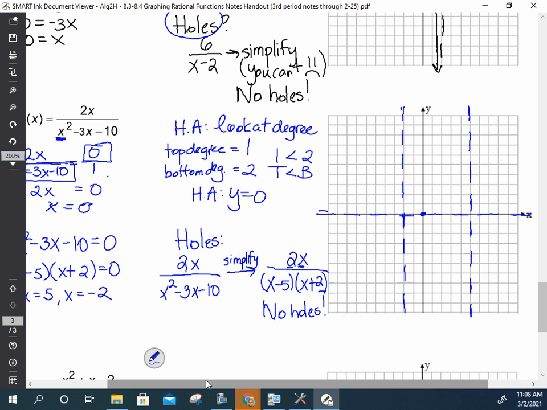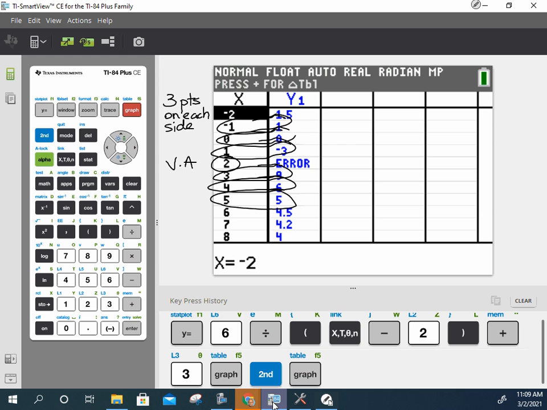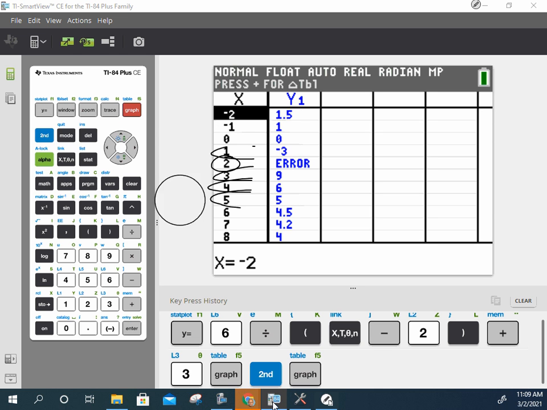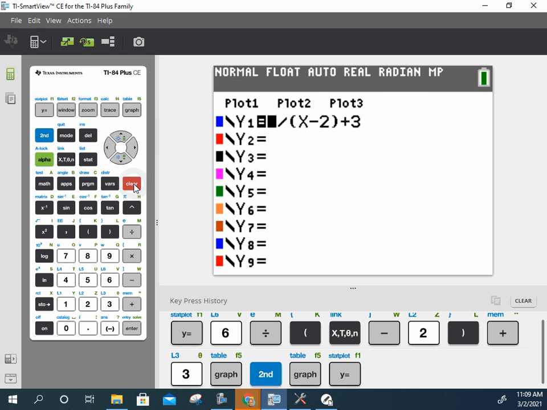Any questions before we let the calculator do some work? All right. Let's let the calculator do a little work. Go to y equals, clear out what you had.